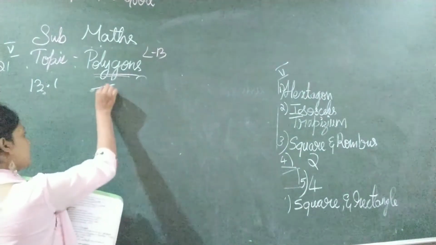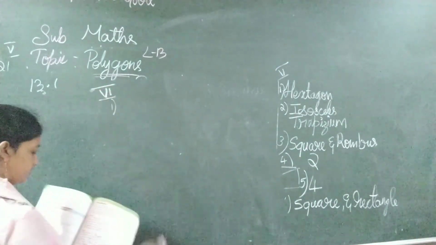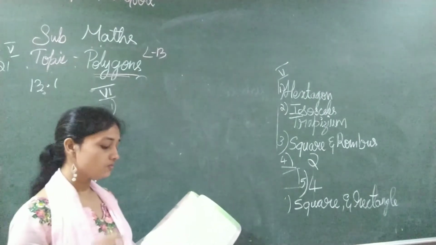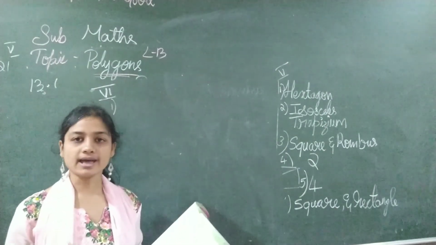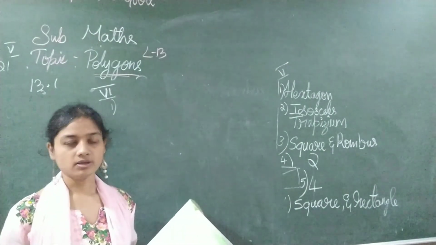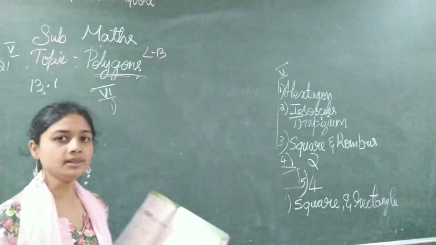So 6th main. First one. They have given 3 sides and they have asked us to find the 4th side. So just how we showed in the example. So let's.